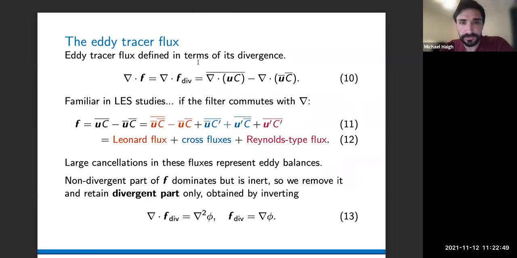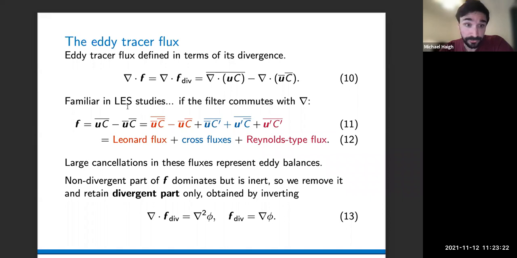So you notice that I've defined it in terms of its divergence. I do this because for a general spatial filter, it turns out that the filter operator will not commute with the divergence operator. So you can't take the filter operator inside of these brackets here. For our choice of spatial filter, the square spatial filter, we find that it does commute with the divergence operator at all grid points, apart from a very small number of grid points that are near the lateral boundaries.